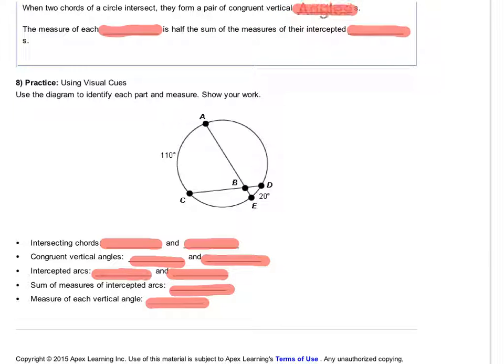The measure of each angle is half the sum of the measure of their intercepted arcs. And there we go.